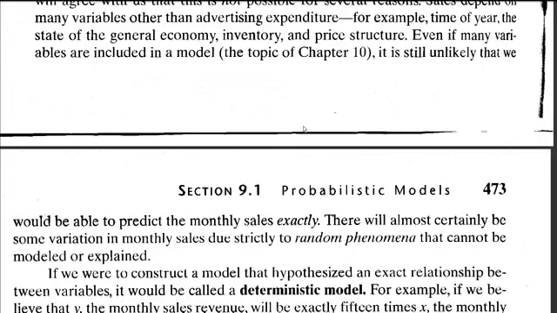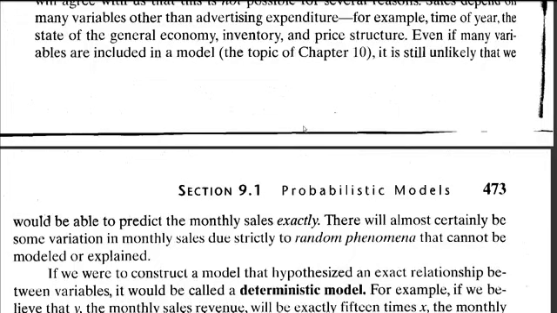There will almost certainly be some variation in monthly sales due strictly to random phenomena. So even if we could identify all the variables that monthly sales depend on, we still wouldn't be able to predict exactly what monthly sales are.